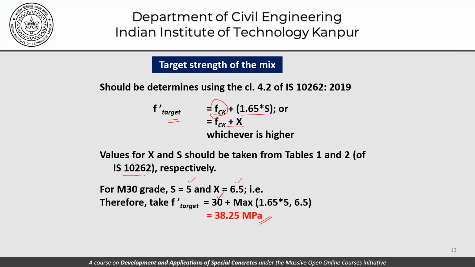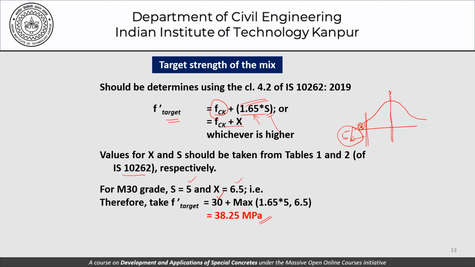I'm sure you would remember this part of our exercise where we are trying to determine the mean strength of the concrete, and this mean strength will help us ensure that only 5% of the specimens fall below this number. And as you can see here, 5% failure is allowed. 1.65 is the factor that you will get, and S is the standard deviation that we get from the site conditions.